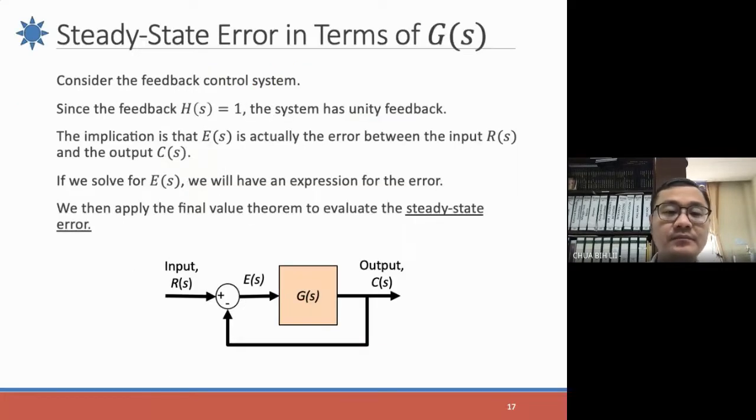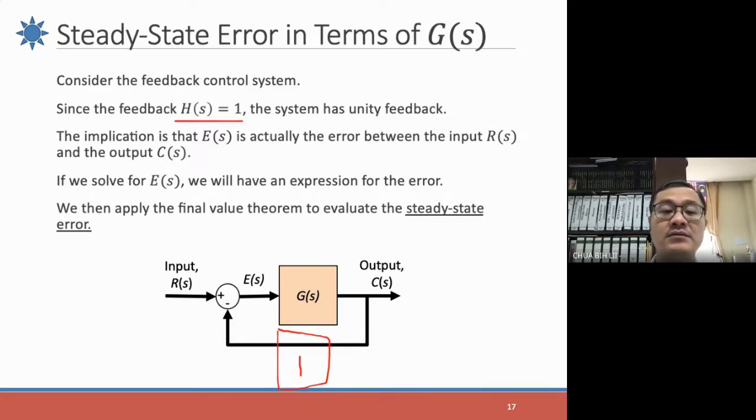Then the second one would be in a feedback control form. Instead of putting the error at the right hand side, now we put the output at the right hand side. Normally we may take H, the feedback transfer function over here, to be 1, a unity feedback.